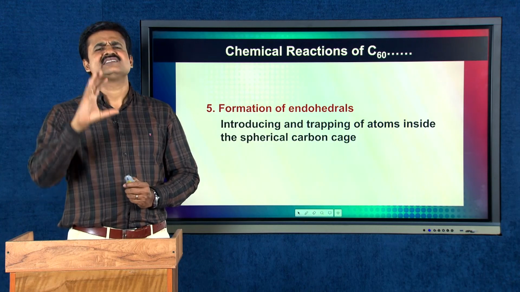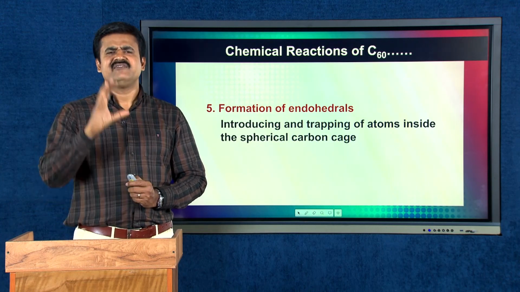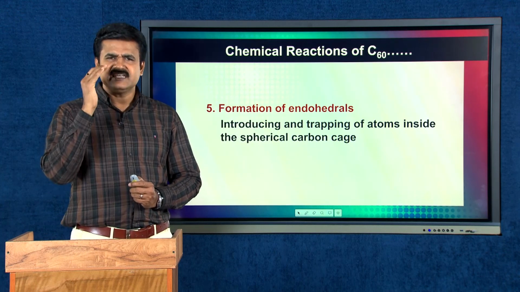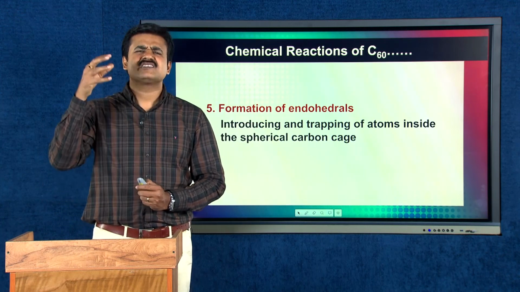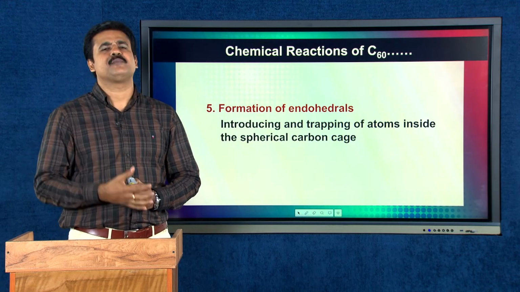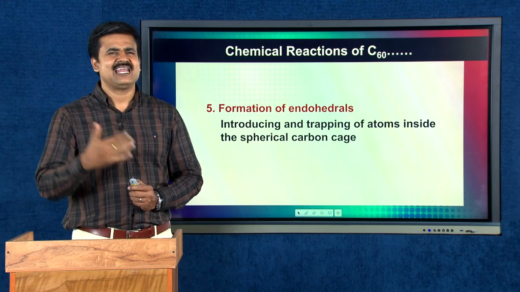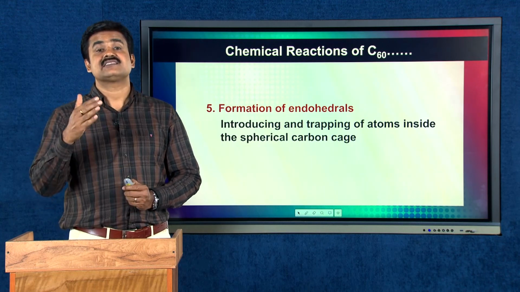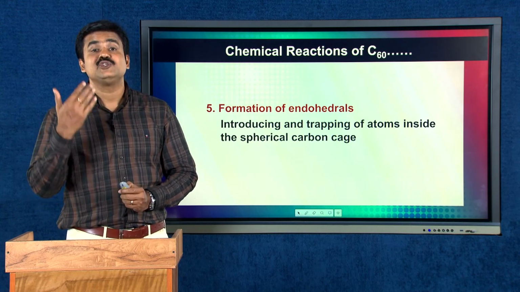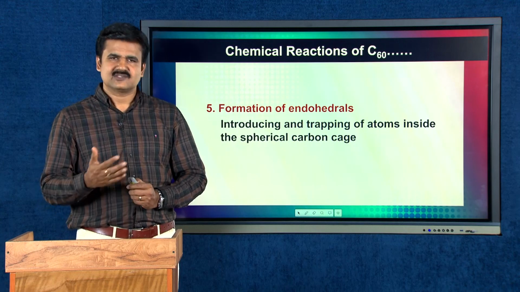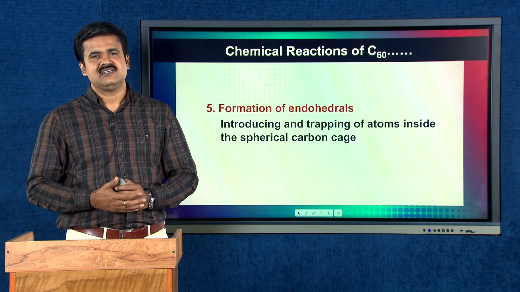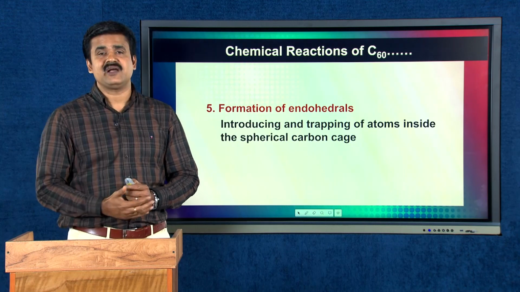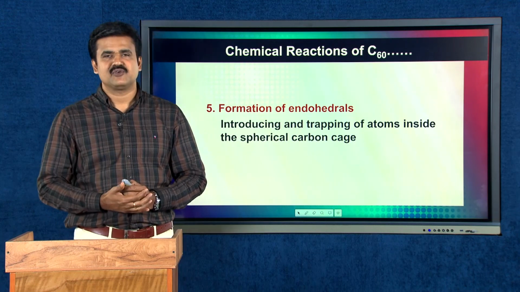You know, C60 is a molecule which has a cavity or a cage in its center portion. It is possible to embed or incorporate some other elements in this cavity, and the result of that is the formation of endohedral fullerene. So, we have discussed 5 important categories of chemical reactions shown by the representative fullerene, that is C60.